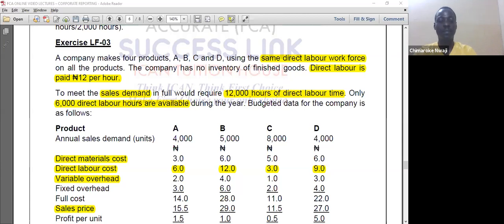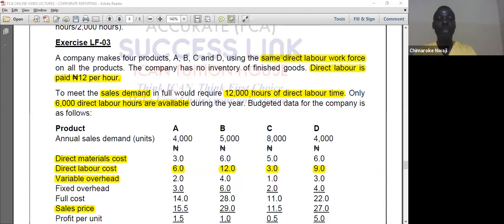First of all, we brought our labor cost here from the question. It says this is 6 naira, this is 12 naira, this is 3 naira, and this is 9 naira.